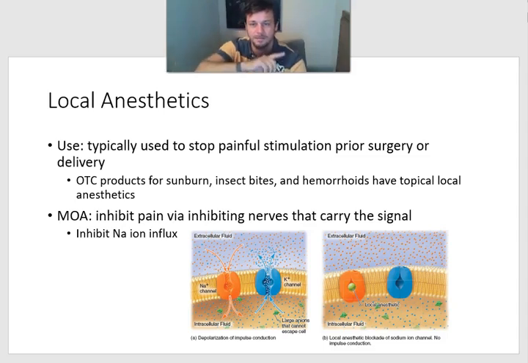Even though the action potential is starting to work, it won't continue down the line because that sodium pump is blocked. And that's with all of our local anesthetics. They all have the same mode of action. They all inhibit this sodium pump or sodium channel.